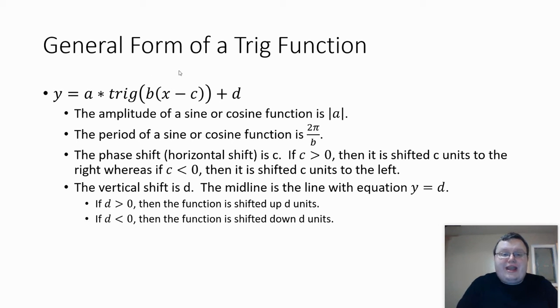So that would really just be x plus 3 inside the parentheses. With it being plus on the inside there, that means we're really going to the left. And that's kind of why. I hope for those that were a little bit confused about that, this helps in clearing that up. The vertical shift is d.